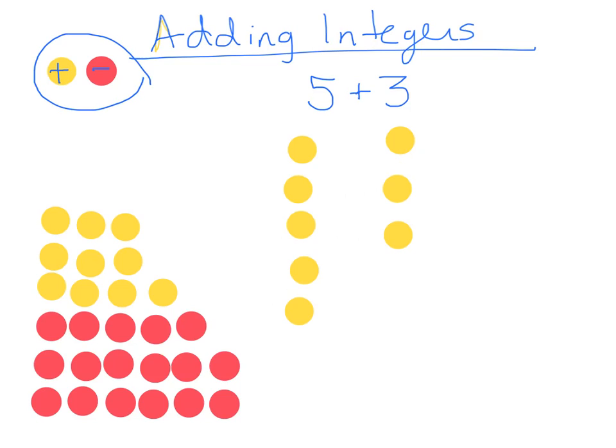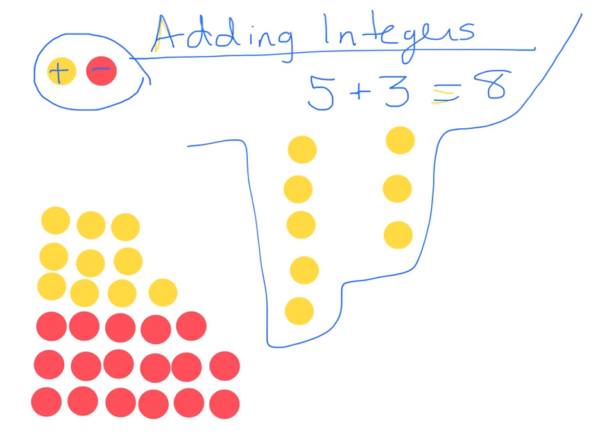So we know that our total is 8 because there's 8 yellow tiles. Now, we're using positive integers. It's something we've done for many years, adding two positive integers, so it's pretty straightforward.